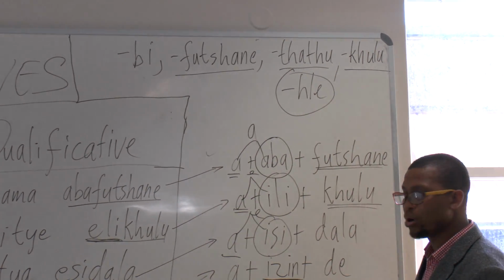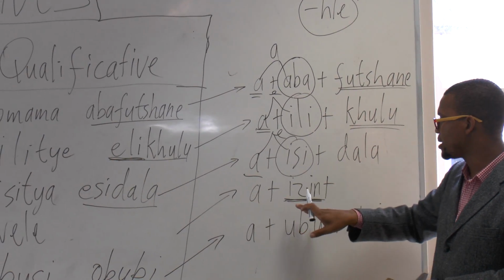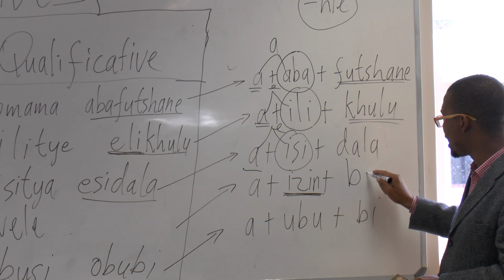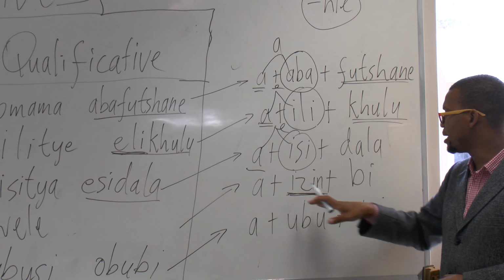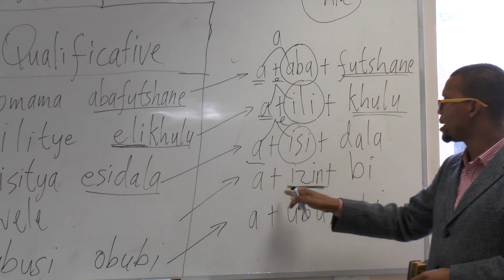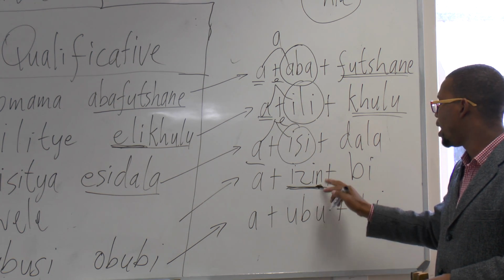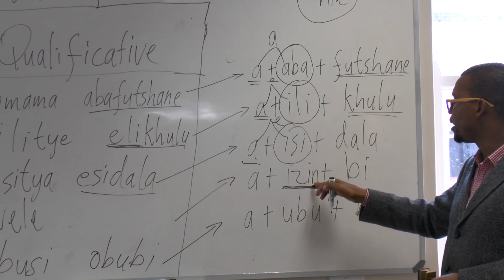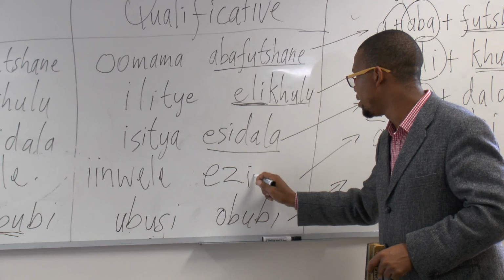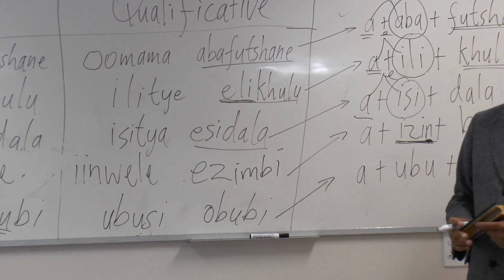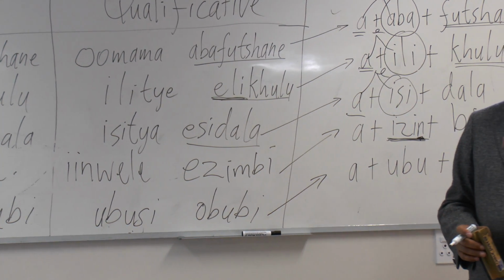If we take a look at our formula, it's going to be A plus izi plus the actual adjective, which is B. Then A plus I gives us E. Then when these are nasal, it's followed by B, the N becomes M, as you get inwele ezimbi. When the nasal N comes in front of B, the N becomes M.